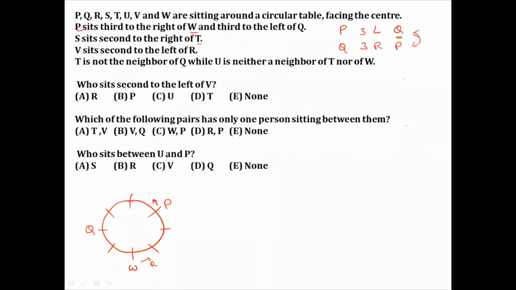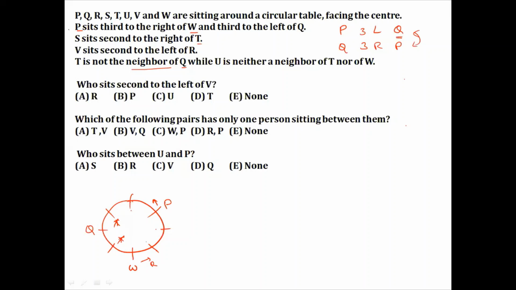T is not the neighbor of Q. Neighbor means it should not be the left side and it should not be the right side of Q. So T is not right side of Q or left side of Q. So T should not come here and T should not come here. So there are only three places, either T can come here, or here, or here.